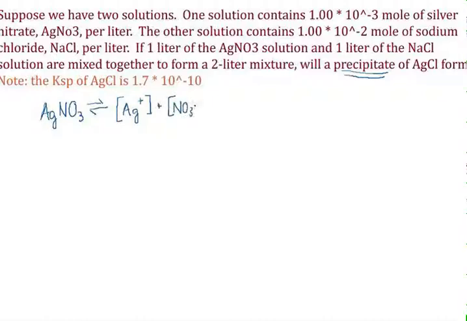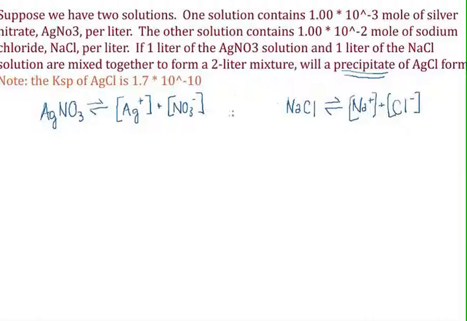Obvious enough, hopefully anyway. NaCl, as we know well, dissociates into a sodium ion and a chloride ion, like so.